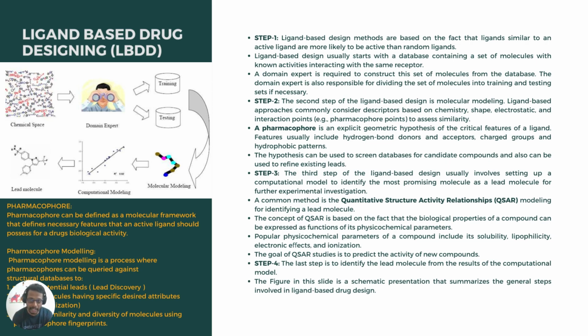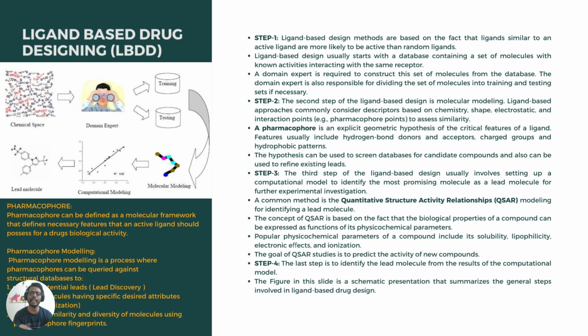From the database, ligands containing similar structures are automatically chosen in step 1. So ligand based design usually starts with a database containing a set of molecules with known activities interacting with the same receptor.